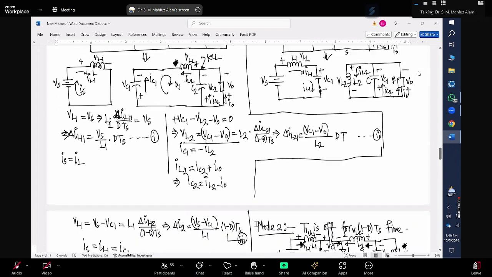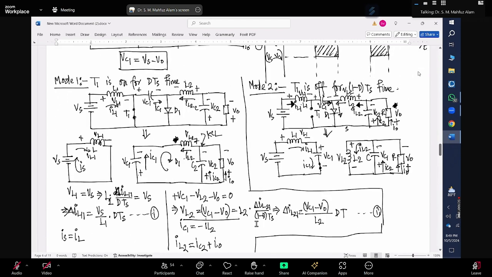The second part is hard because you have to deal with two portions of the circuit, right? Yes sir. But if you try to solve it by yourself, you will find that it's a very simple circuit. But for the buck and boost converter, we have to deal with only one circuit at a time, right?